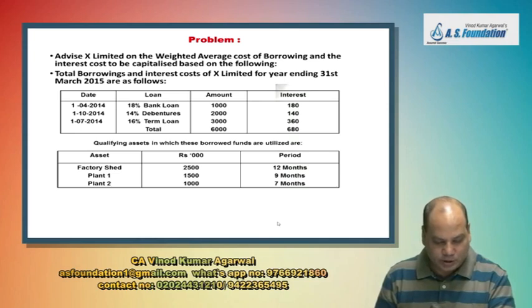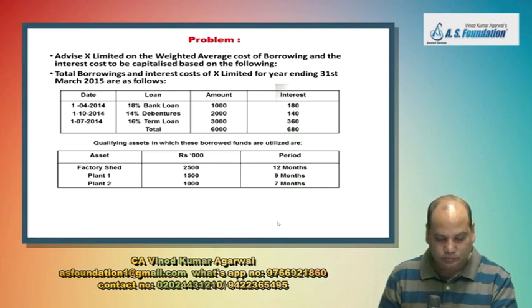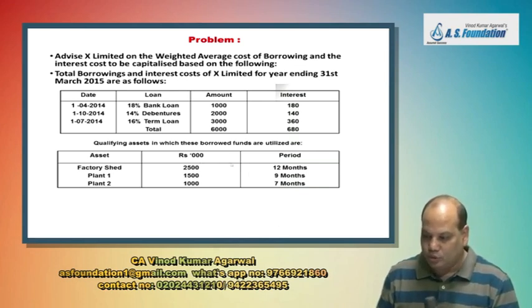This example is printed there. Advise X Limited on the weighted average cost of borrowing and interest cost to be capitalized based on the following. Total borrowing and interest cost of X Limited for year ended 31st March 2005 are as follows.